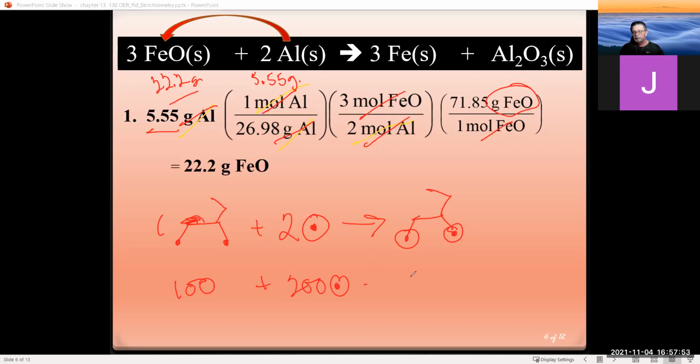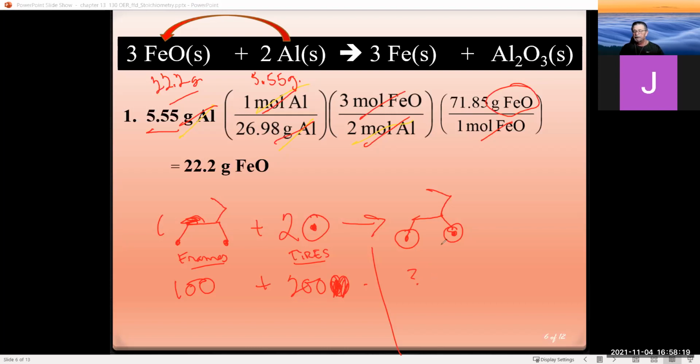How many assembled bicycles would I end up with? I got 100 frames, 200 tires. Erase that, not 2,000, 200 tires.